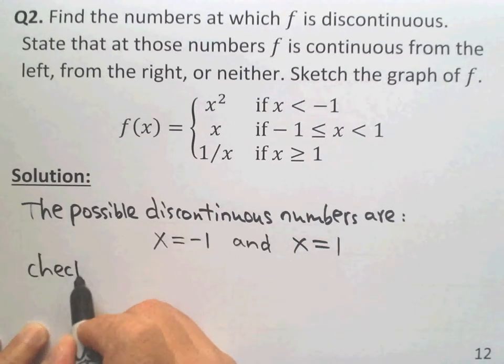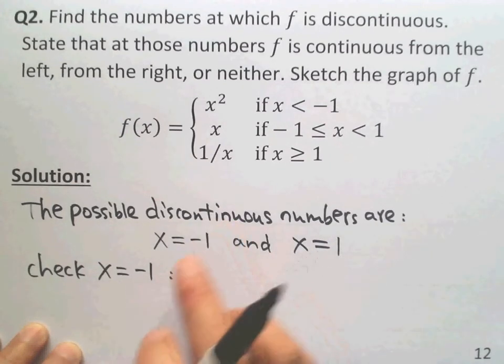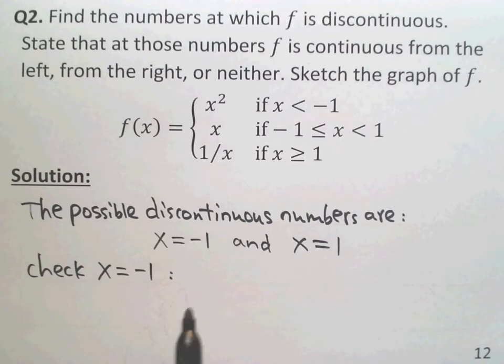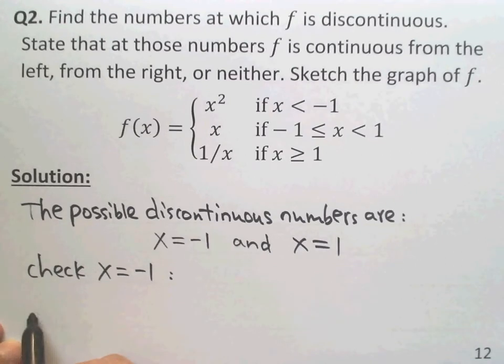We check this one and then check this one by one. Okay, so we check the first. We check x equals -1. We're going to see if this point is discontinuous or continuous. Okay, do you remember how to do? We're going to verify each condition, right? 1, 2, 3. All this is the same. Now we're going to do the same.